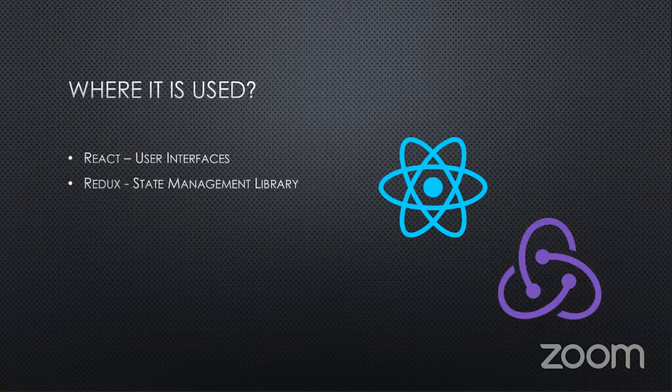That's why Redux is also pretty popular, because it makes your code base much more predictable. It prevents side effects so that you don't encounter any errors in your application.